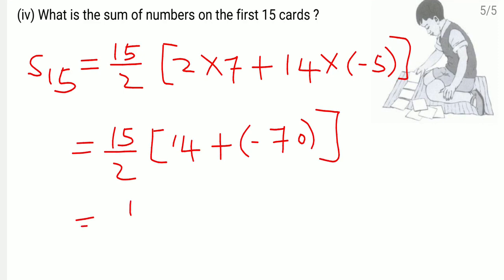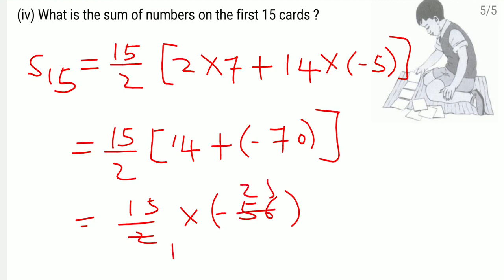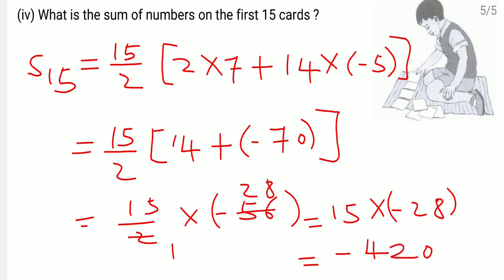Now here 15 by 2, subtraction is here 56, but minus 56. So here 15 into minus 28, and our answer comes as minus 420. Okay, so the sum of the first 15 cards is minus 420.